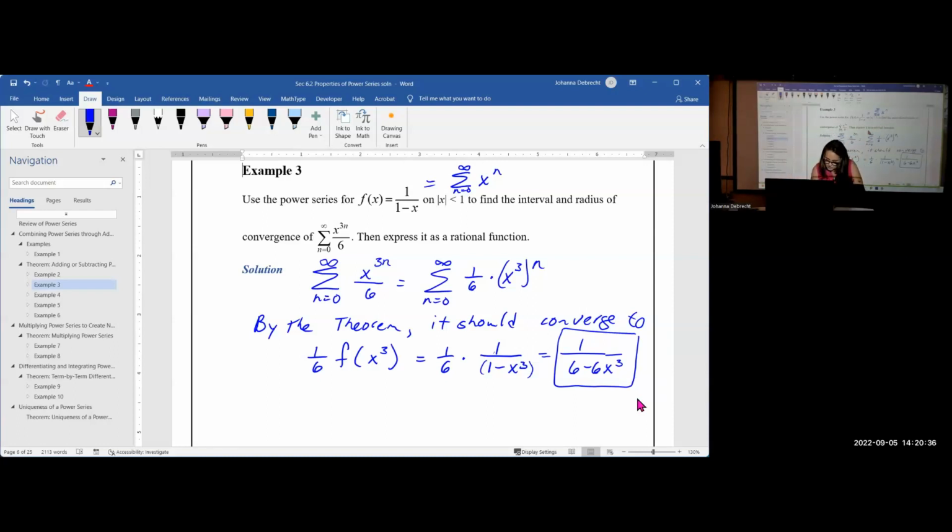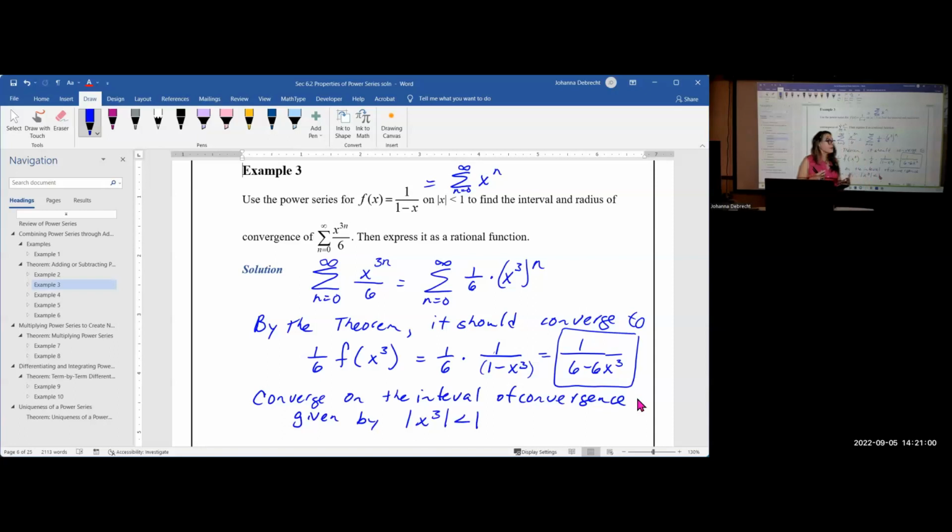So this is going to converge on the interval of convergence given by the magnitude of x cubed less than 1.